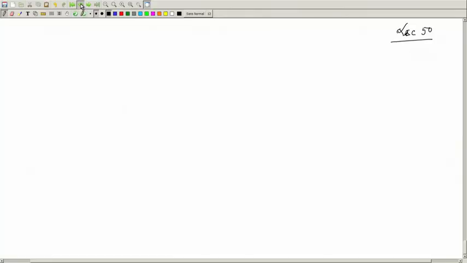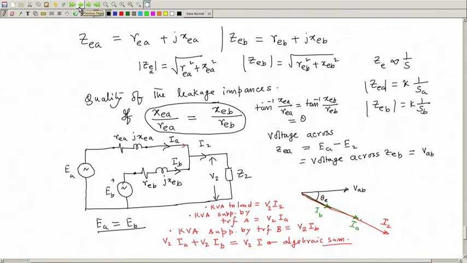Welcome to the 50th lecture on Electrical Machines 1, and we have been discussing parallel operation of transformers. We have seen in our last class that the leakage impedances of the transformers should be inversely proportional to the KVAs, in ohms, and it is always better if the qualities are also the same.